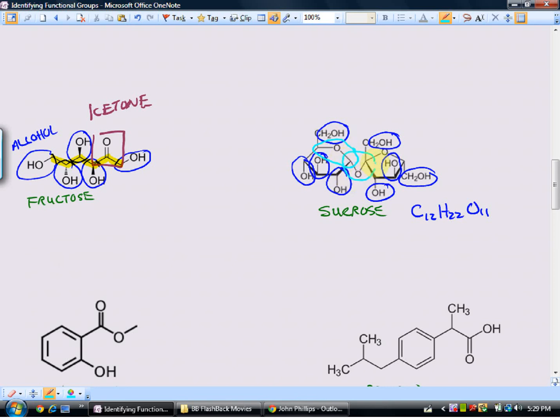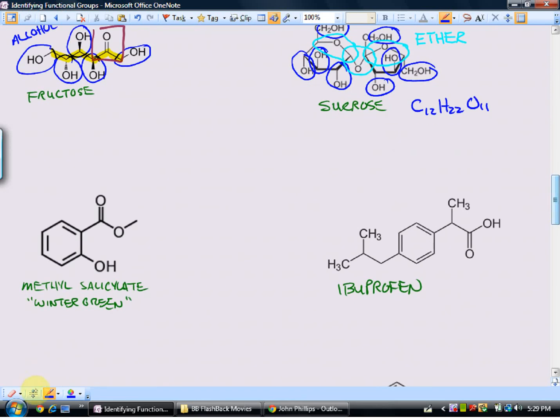Those are ethers. So sucrose contains both alcohol functional groups and ether functional groups. Like most real molecules, they contain more than one functional group.